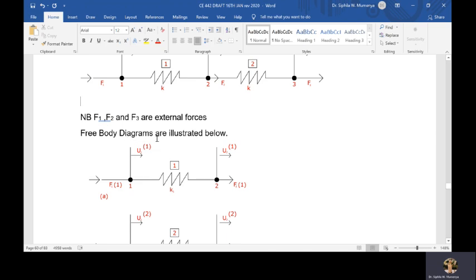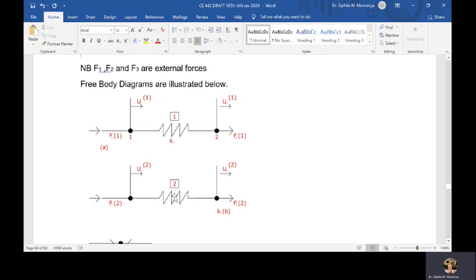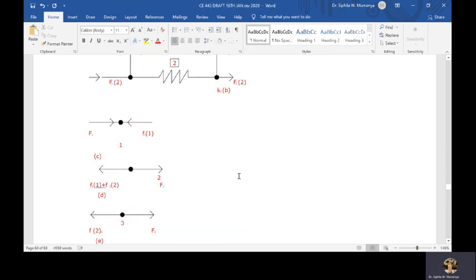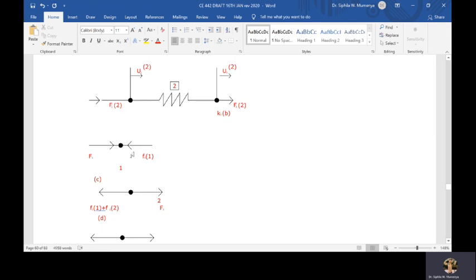So the free body diagrams are illustrated below, where we just split and get the nodes for the springs. For spring 1, we have node 1 and 2, and the associated external forces and displacements as shown. And also we have spring 2 as shown.